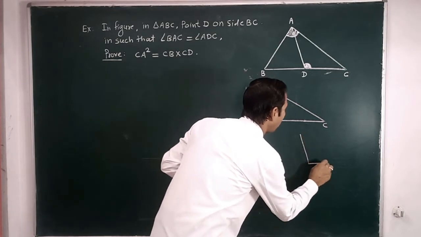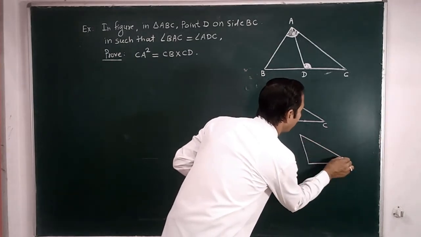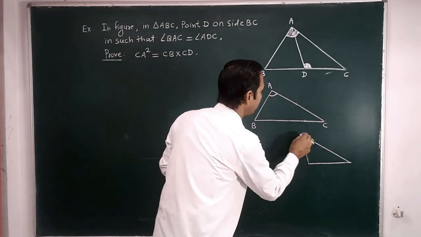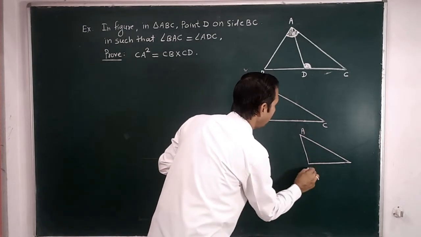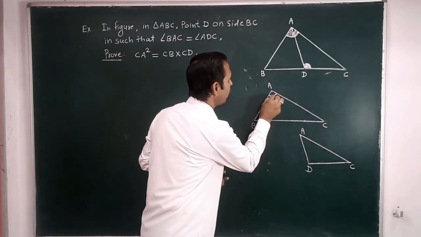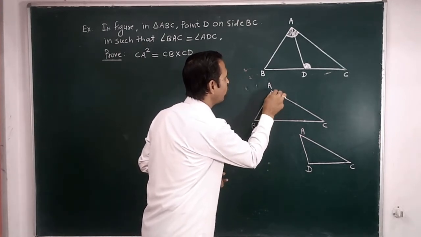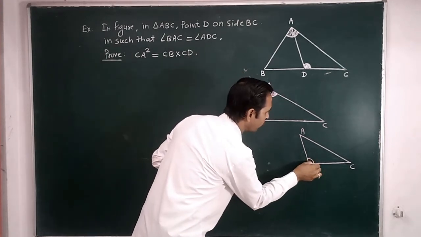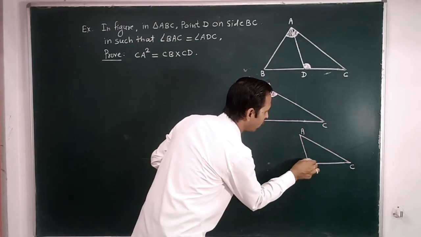This is another triangle we have drawn here, that is triangle ADC. Now this angle A is congruent with angle D.